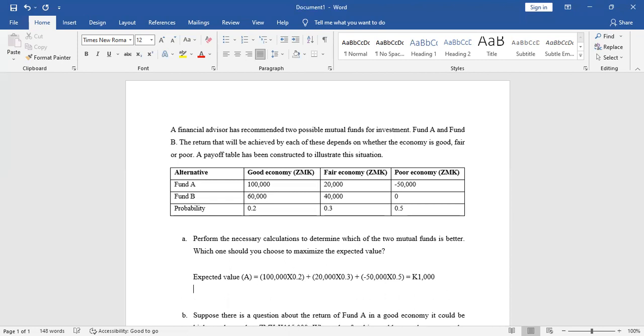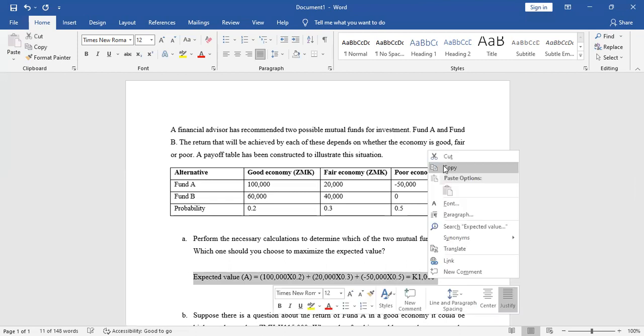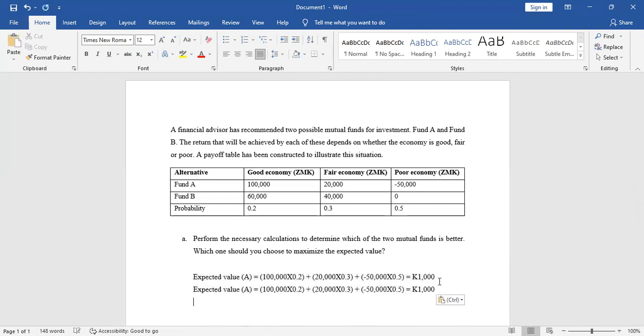Okay, I need to do the same for B. Expected value for B. I'm just changing the amounts. The probabilities will remain the same. Here it's 60,000, and then here it will be 40,000, and then here it will be 0.